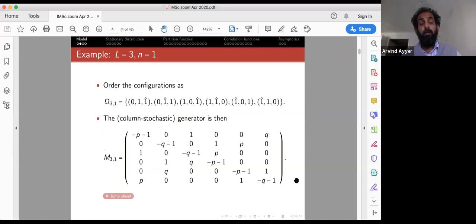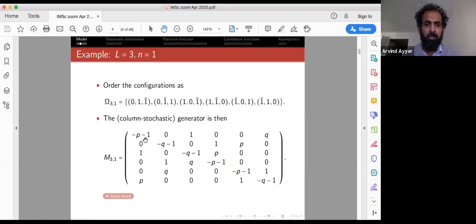Then if you write the equation down component-wise, and you take the term corresponding to the diagonal entry to the other side, then you'll get that the total incoming rate is equal to the total outgoing rate.